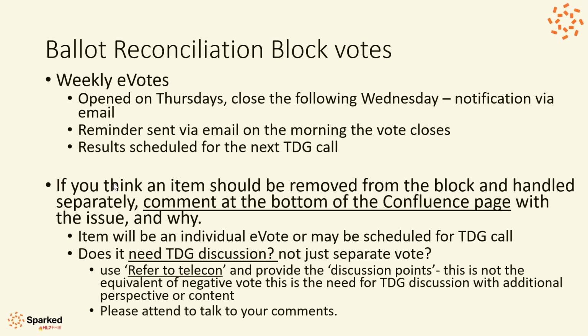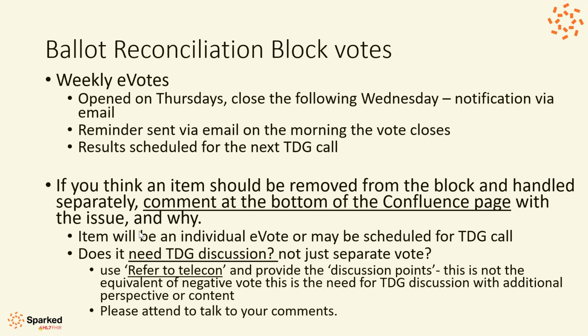So what we've been talking about today in our refer to telecoms is, if you're looking through a set of items in a block vote, because we've grouped these things together to make a decision on the whole set, but if you read through that block and you think that an item here needs to be treated separately, what you should do is comment at the bottom of the Confluence page with the issue and why.